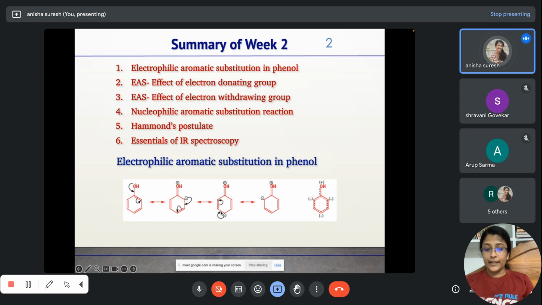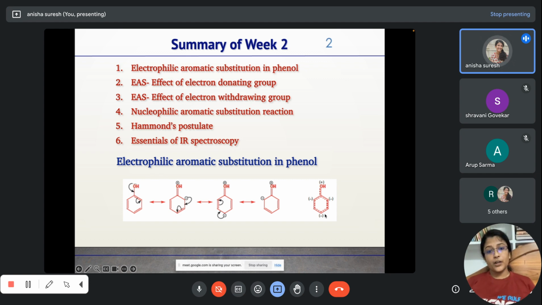So there will be a net negative charge at the ortho positions, which are adjacent to the OH group, and at the para position.